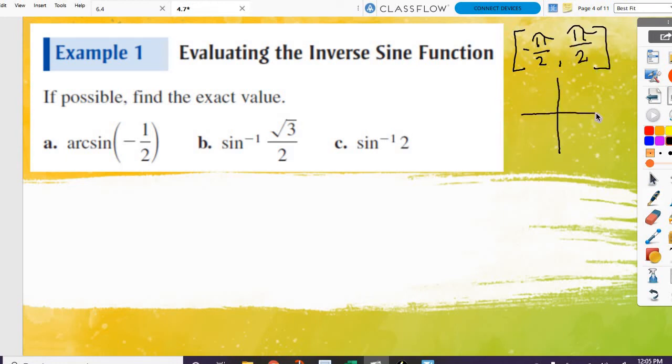Now let's think about if I was looking at my unit circle. What two quadrants have angles that are between negative pi over 2 and pi over 2? From my x-axis to my positive y-axis would be 0 to pi over 2, right?